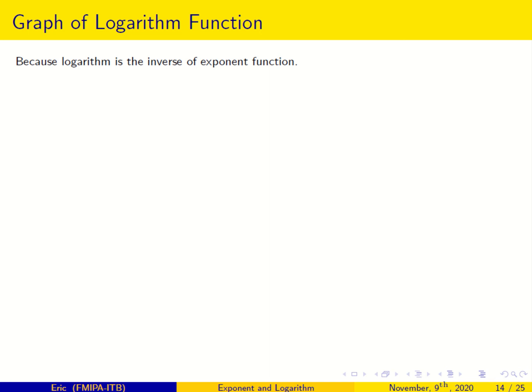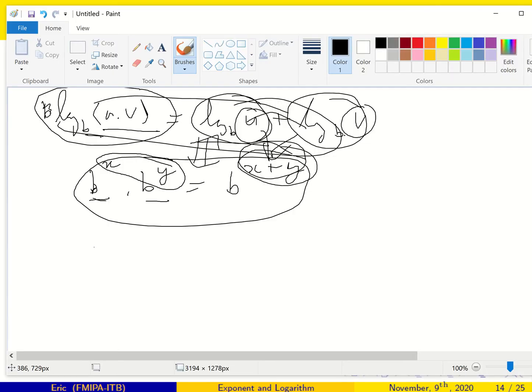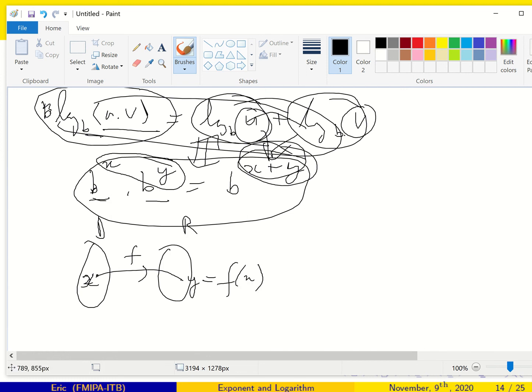This is the graph of a logarithm function. First of all, don't forget, the logarithm is the inverse of the exponent function, so g of f of x should be x. If I have x and y equals f(x), I can get the inverse, which is g.